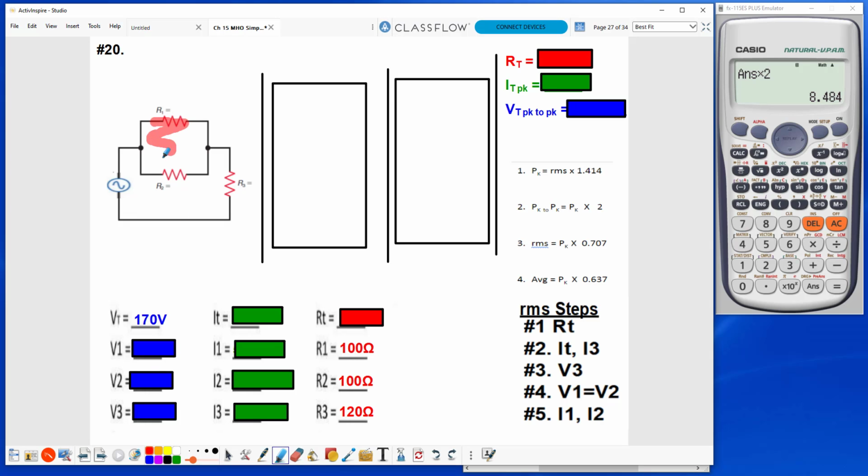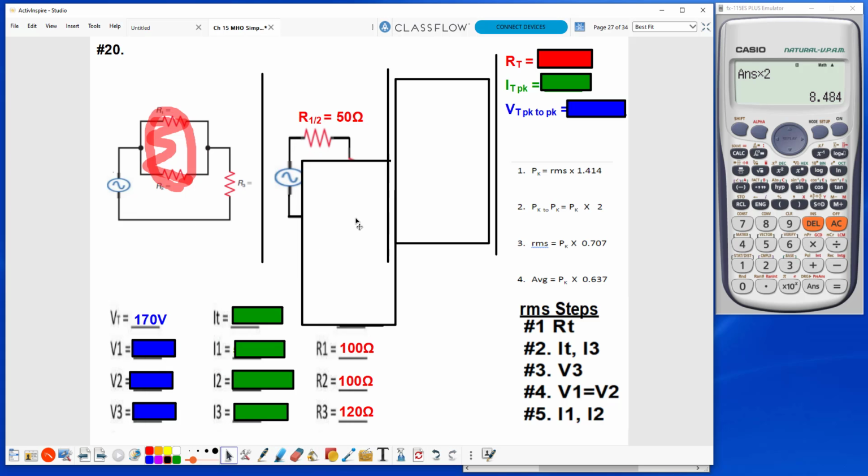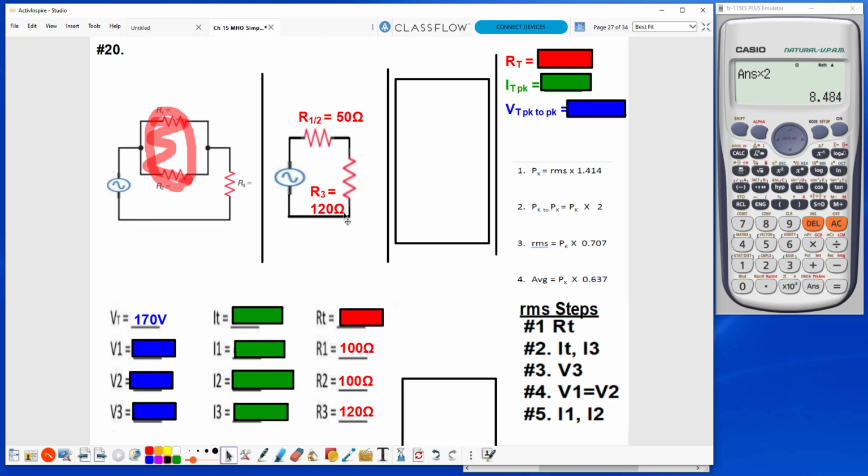So I'm going to use the reciprocal formula to combine the values of R1 and R2, for a new value of 50 ohms.